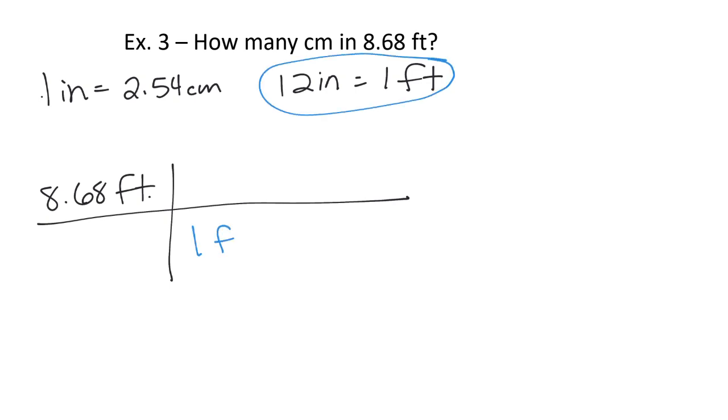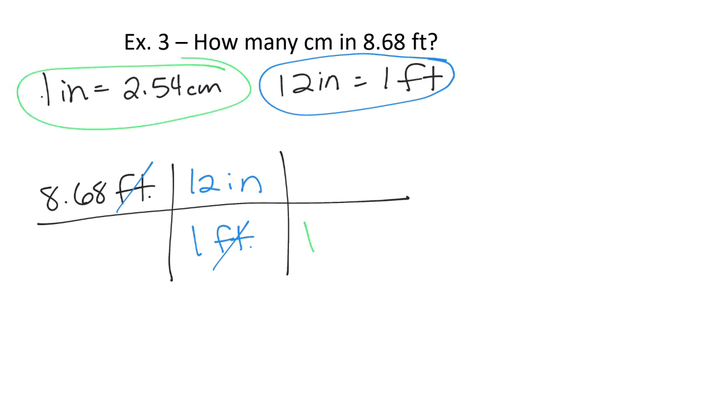So 1 foot and 12 inches. Okay. So this way my feet cancel out. Now I'll do this one, the inches and the centimeters. 1 inch is 2.54 centimeters. Inches cancel.